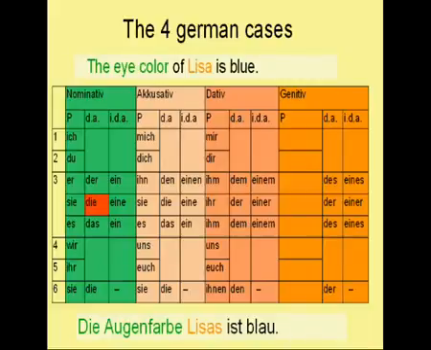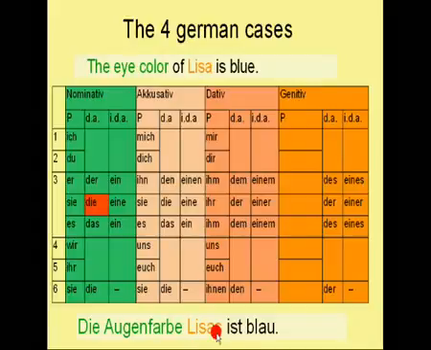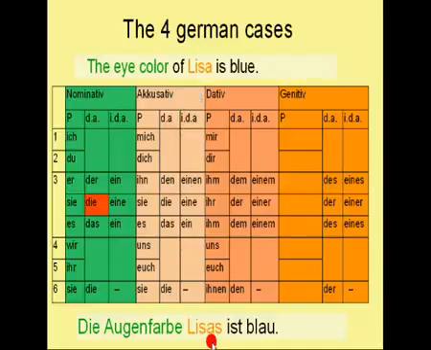Now let's try to do the same with a sentence where the genitive noun is a proper name. Here we have the sentence: The eye color of Lisa is blue, which translates to Die Augenfarbe Lisas ist blau. And if you remember, we add an S to a proper name because Lisa is in the genitive case.